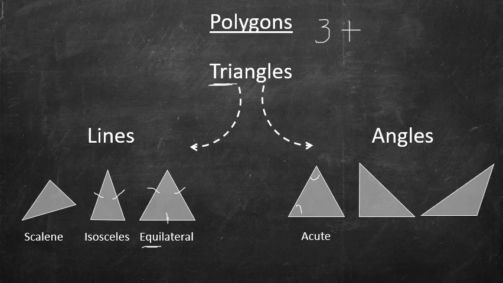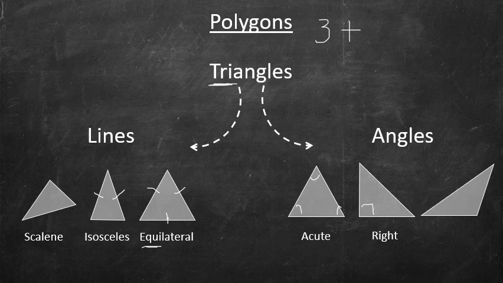All of the angles are acute angles. The next one is a right triangle. And we know that a right angle is 90 degrees exactly. All right, so a right triangle must have at least one right angle.